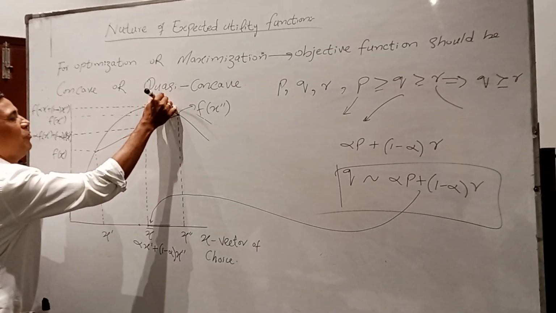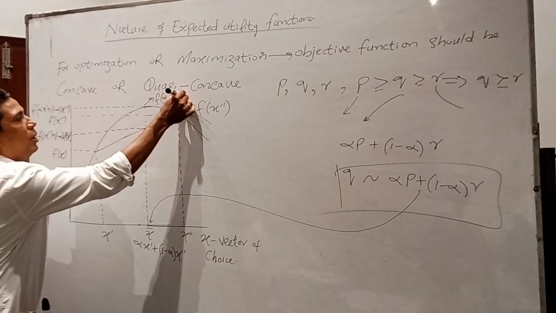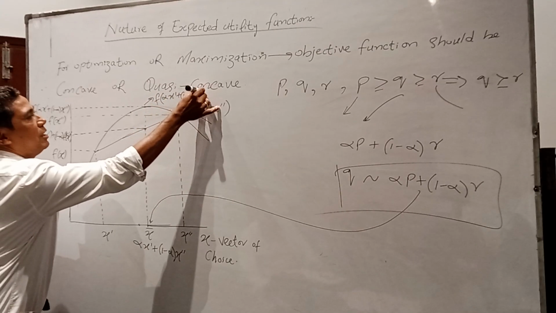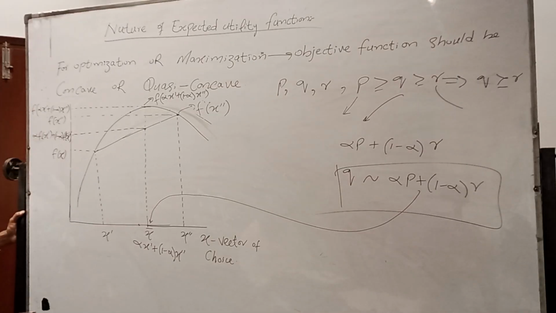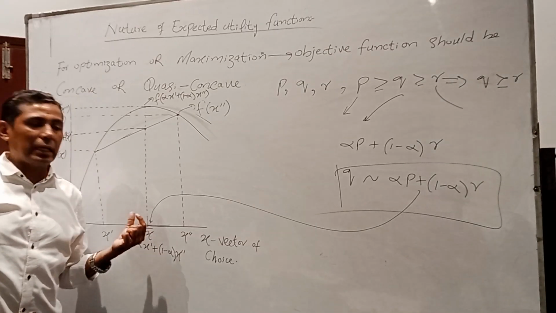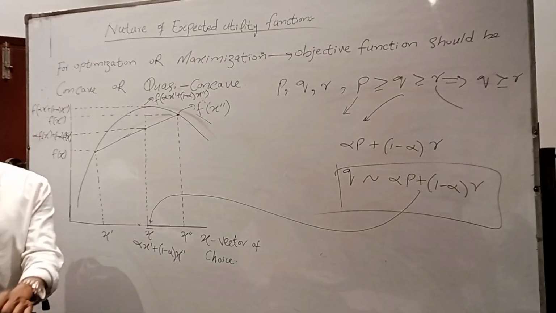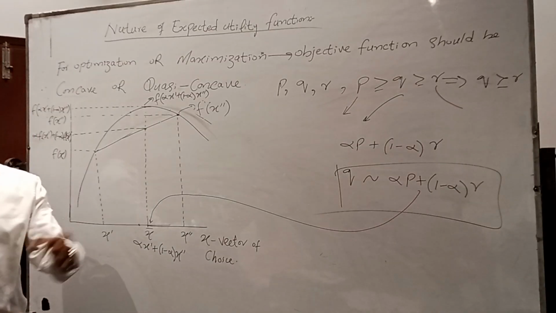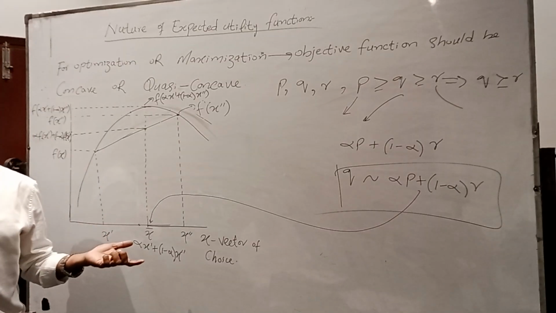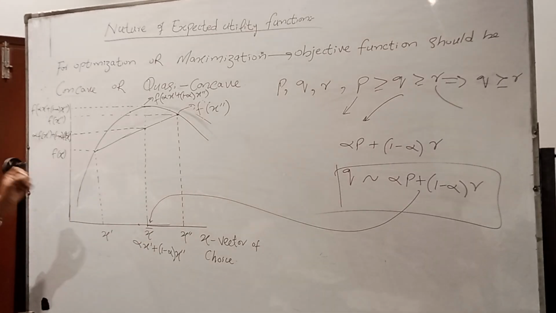It is the function of alpha x dash plus 1 minus alpha x double dash. Clear? Right? So what name for this one? I can call it the functional value of the linear combination. Am I right? The functional value of the linear combination. I can say that.